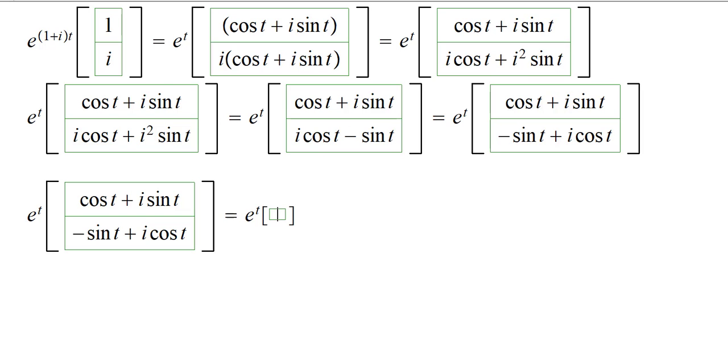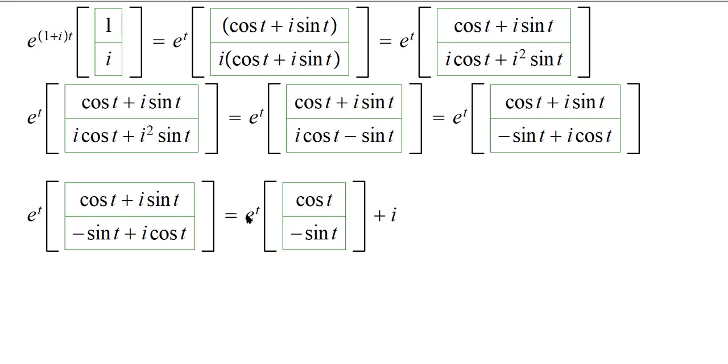The real part is e to the t times (cosine t, negative sine t), and the imaginary part is plus i times e to the t, and this time it changes to (sine t, cosine t).